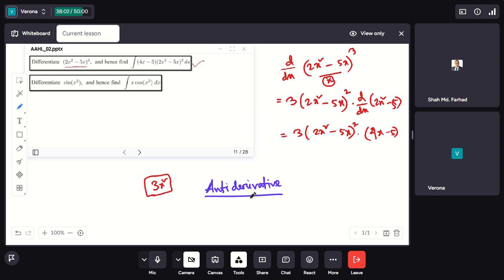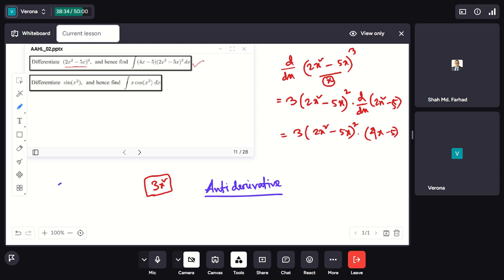Basically, what is the relation between differentiation and integration? Right, it reverses the differentiation.